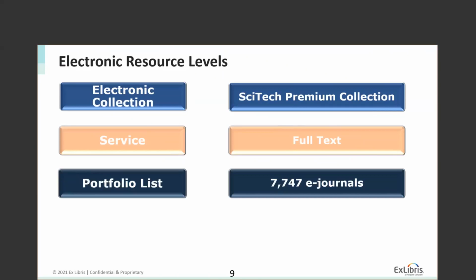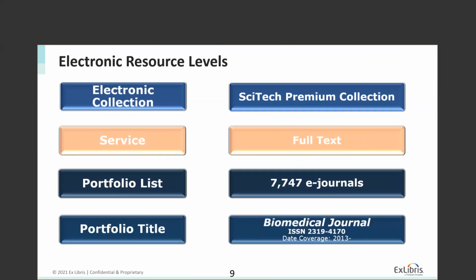In this case, there's almost 8,000 titles and portfolios, different e-journals in the SciTech Premium Collection. One of those titles is this example, the Biomedical Journal, with ISSN shown, date coverage of 2013 to present. So that is a specific example of a title, but it's really the portfolio within this collection.